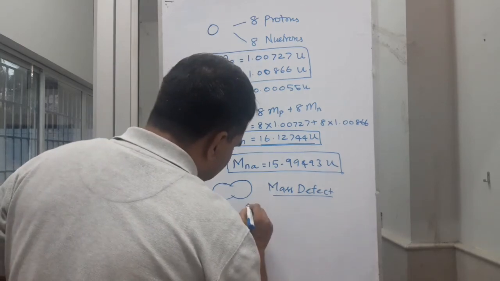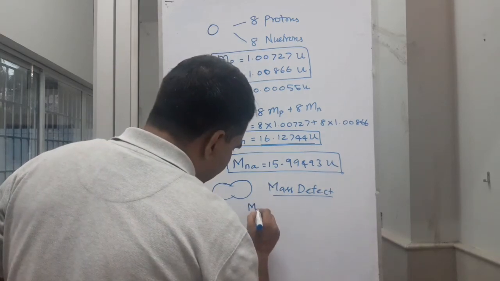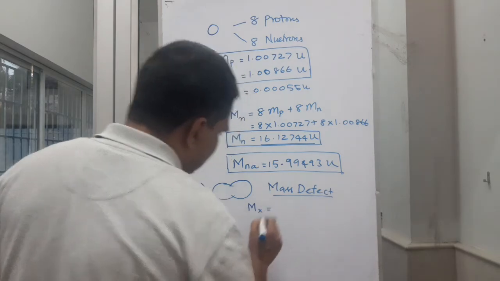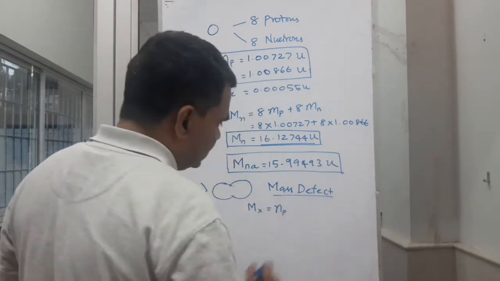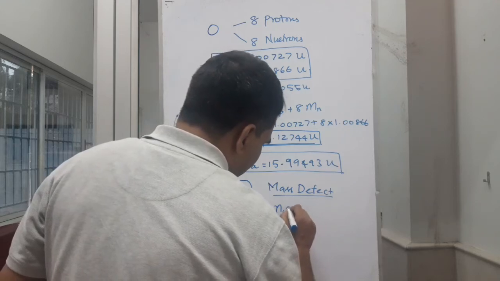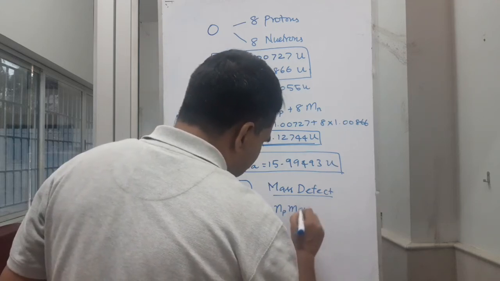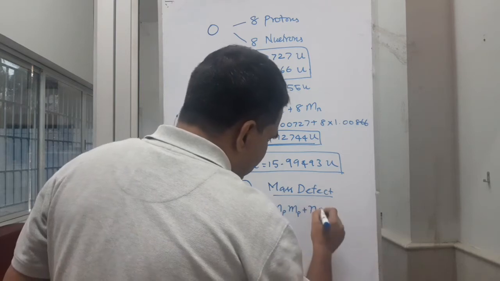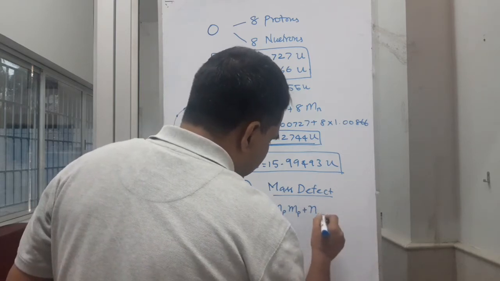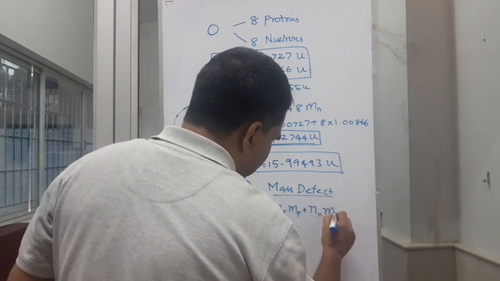Let's say mass of X theoretical is equal to the number of protons into the mass of proton plus the number of neutrons into the mass of neutron.